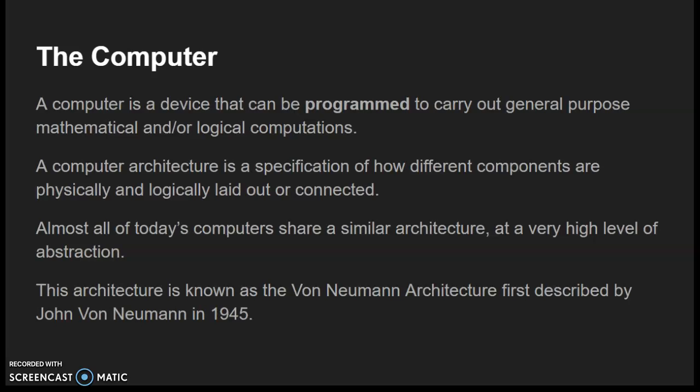So almost all of today's computers share a similar architecture. Hopefully that will change over the next 20 years with the advent of quantum computing, which is a newer type of architecture, but it's going to be a good while before we see that on the ground, I would say. But at the moment, almost all of today's computers share a similar architecture, albeit at a very high level of abstraction.